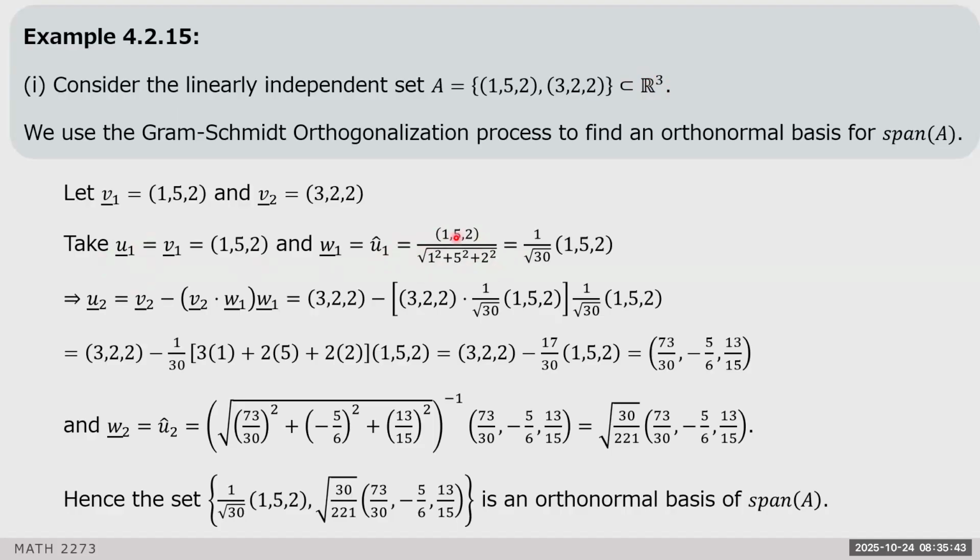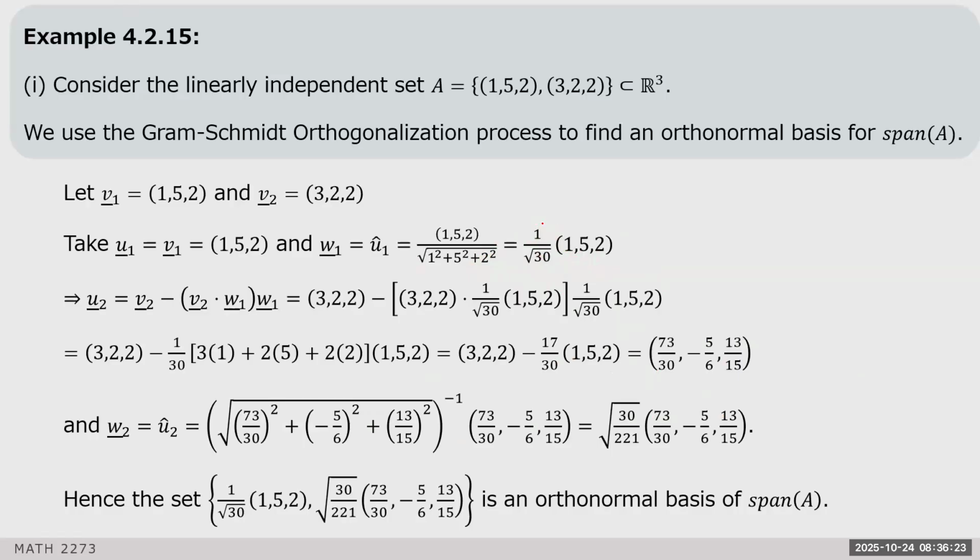What is the length of a vector in Rn? It's just Pythagoras' theorem: the square root of the sum of the components squared. If this was just 2 dimensions, then it's just Pythagoras' theorem. So you get as W1 this vector, 1 over root 30 by 1, 5, 2.